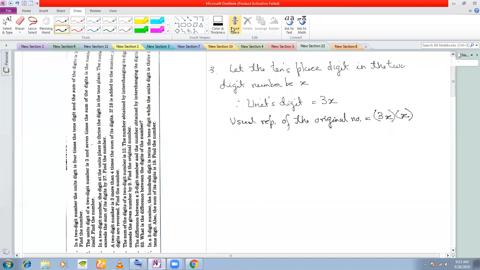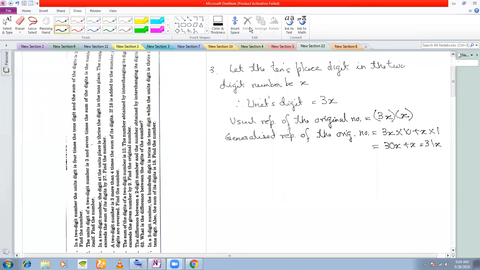Okay. Next, generalized representation of the original number: 3x into 10 plus x into 1, because 3x is in the tens place and x is in the units place. So this is 31x. Okay.